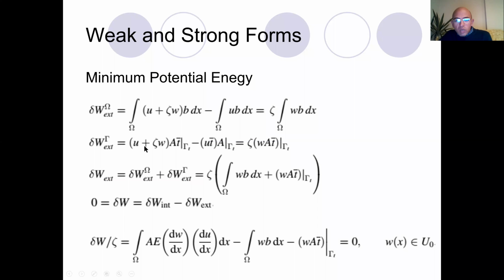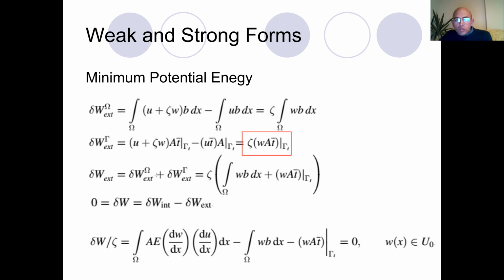So it is (u plus zeta w) multiplied by area multiplied by t bar, and if we subtract u multiplied by t bar, we arrive at this expression. So it is zeta multiplied by w a t bar.